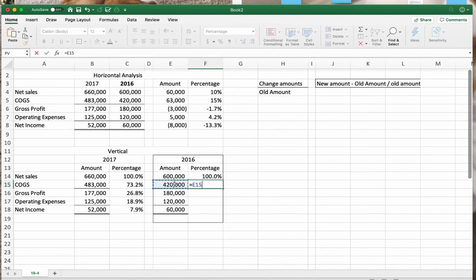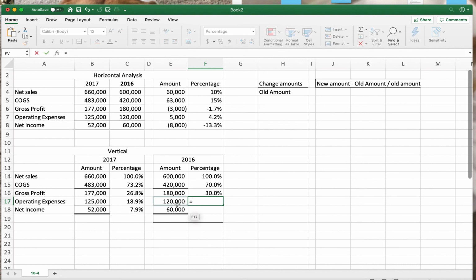So we do the same thing. We take our cost of goods sold for 2016 divided by net sales for 2016. Same thing with gross profit. Gross profit for 2016 divided by 2016 net sales, 30%. So in 2016, for every dollar that was sold, 30 cents of that ends up being gross profit.